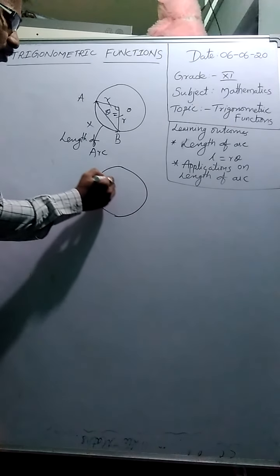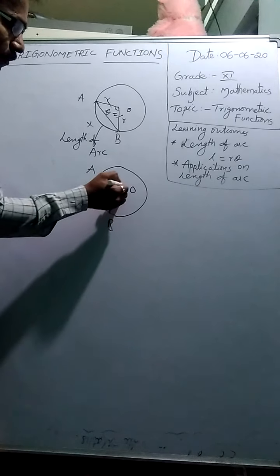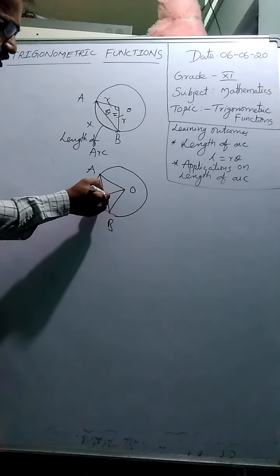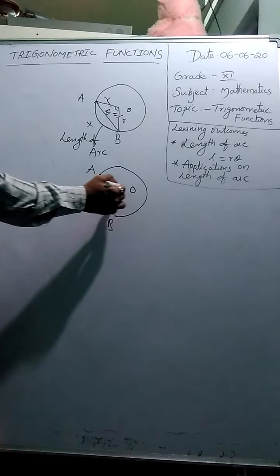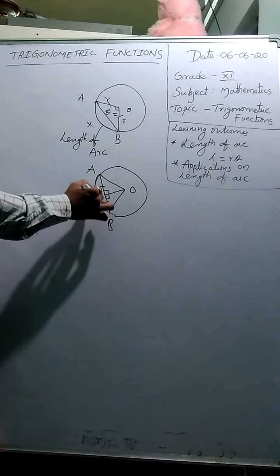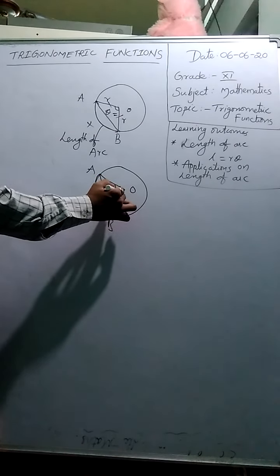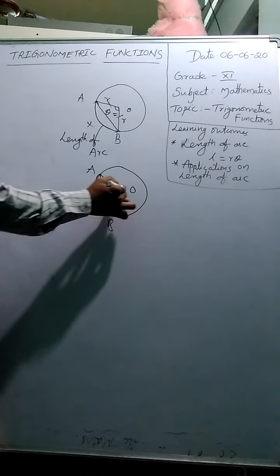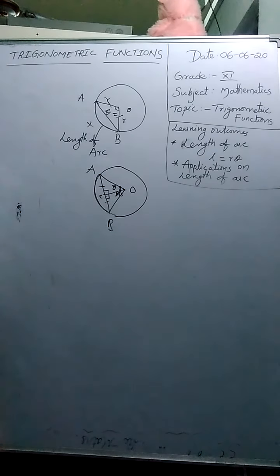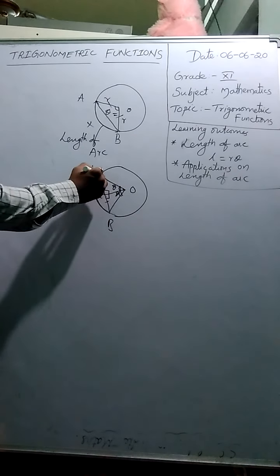In previous classes, you have learned about the chord. This is a chord, students. If you draw a line segment from the center of the circle to the chord, it will be the perpendicular bisector. By using that application, we can find this theta, because it is divided into two equal parts as we discussed. This is called length of arc.